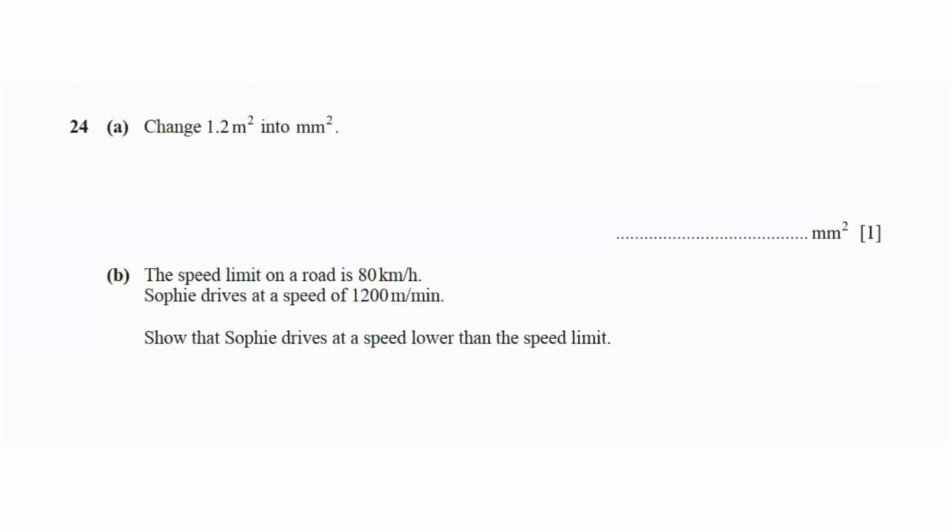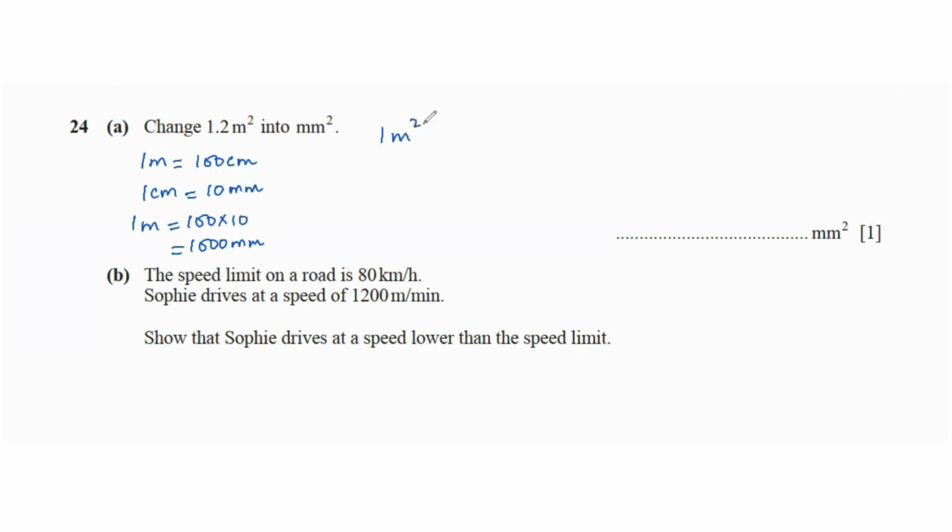Change 1.2 meter square into millimeter square. 1 meter is 100 centimeters. 1 centimeter is 10 millimeters. So that means 1 meter would be 100 times 10, which is 1,000 millimeters.